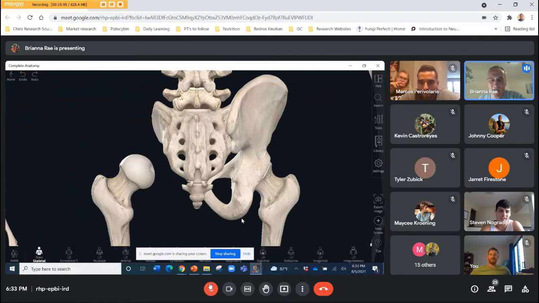So when we take the x-ray, we want to make sure that we get the bottom of the ischiums on the film, and we want, of course, both femur heads. We do not care what the actual specific length of each leg is.